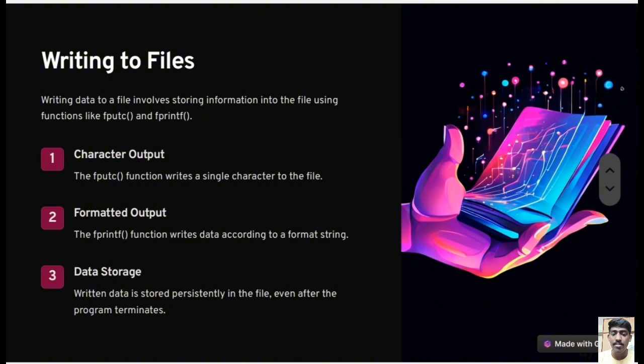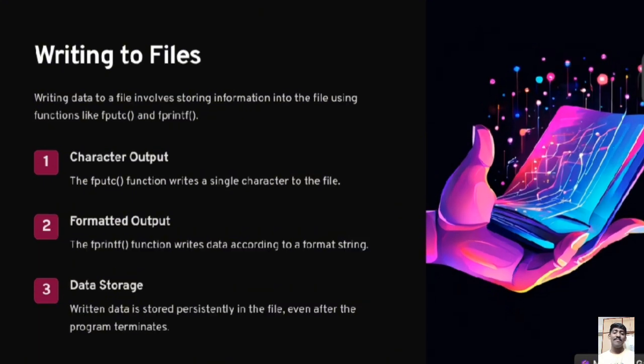Then we have how to open a file. The file should be opened before reading from a file or before writing into a file, where fopen is used to open the file, and it returns NULL if the file cannot be opened. We have different modes of files: read mode, write mode, and append mode. Write mode is used for writing into a text file, read mode is used for reading a text file that must exist, and append mode is used to append to a text file.